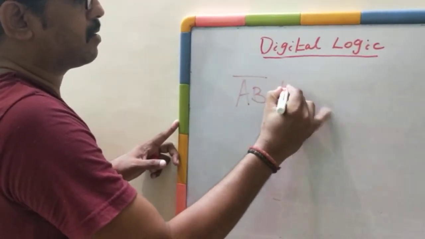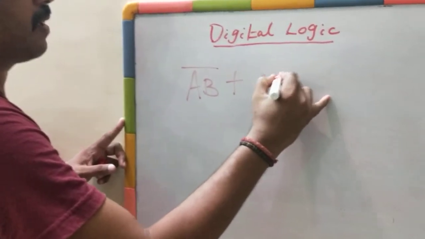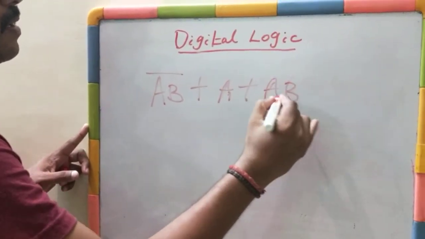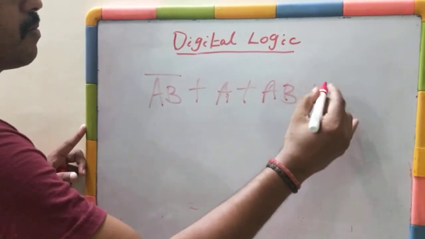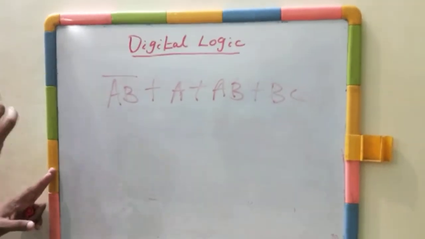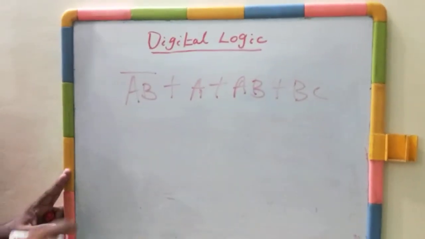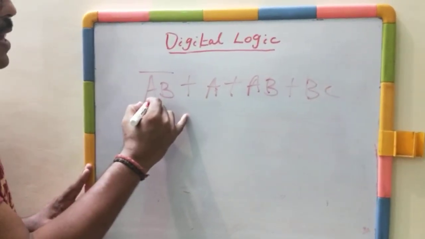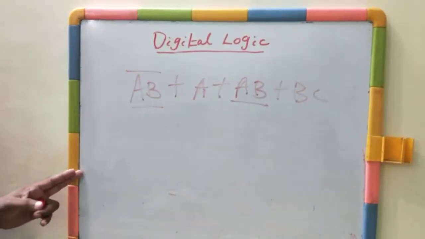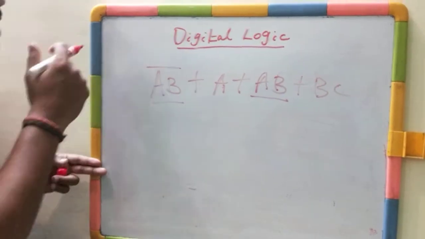AB dash plus A plus AB plus BC. So now what we can do? AB dash plus AB. How can we visualize this?